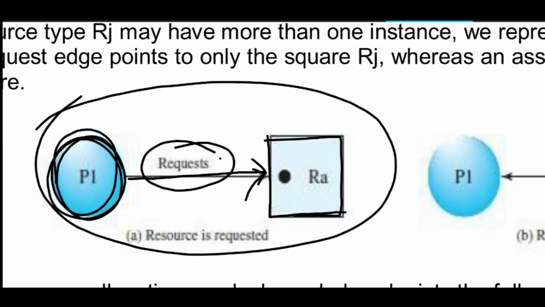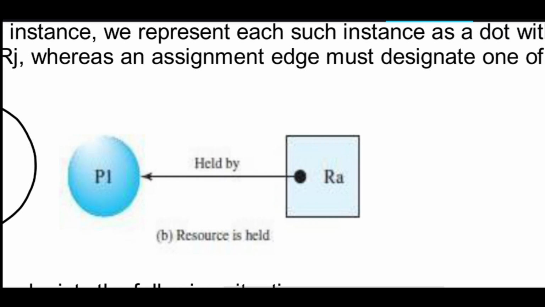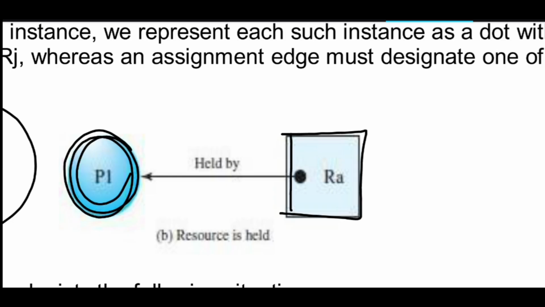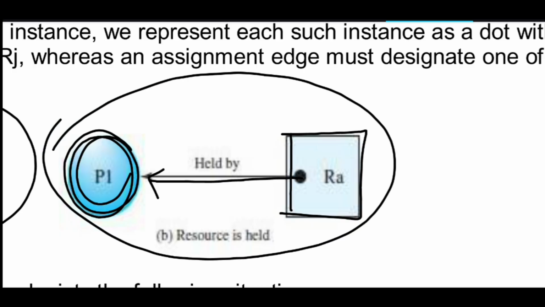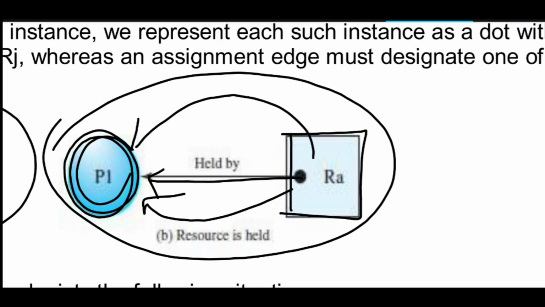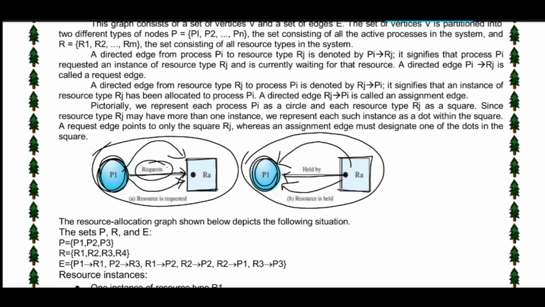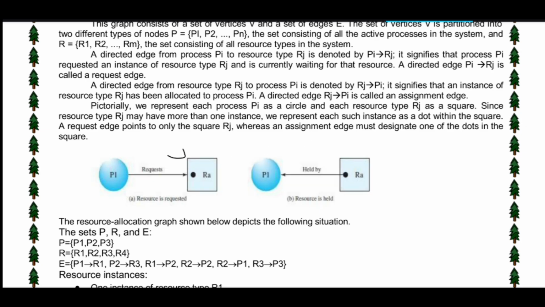In the other case, if this is a process and the arrow mark is from the resource to the process, then this means the resource is allocated. The resource R is allocated to our process P1. Then let's move towards our conditions.